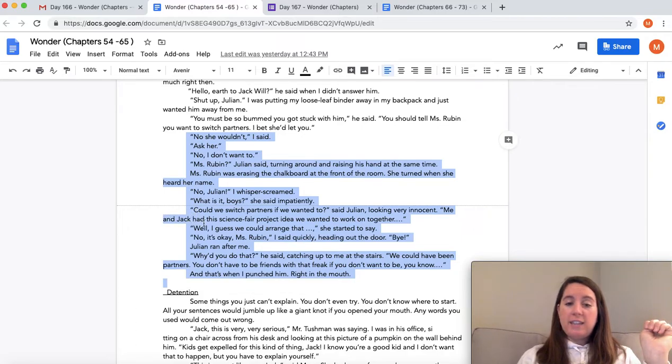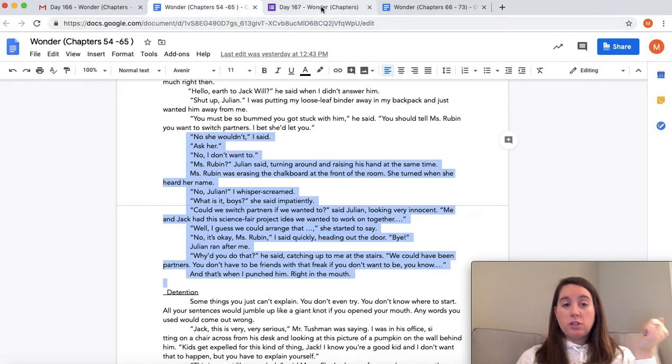Me and Jack had this science fair project idea we wanted to work on together. Well, I guess I could arrange that, she started to say. No, it's okay, Miss Rubin, I said quickly, heading out the door. Bye. Julian ran after me. Why'd you do that? He said, catching up to me at the stairs. We could have been partners. You don't want to be friends with that freak if you don't want to be. And that's when I punched him, right in the mouth.